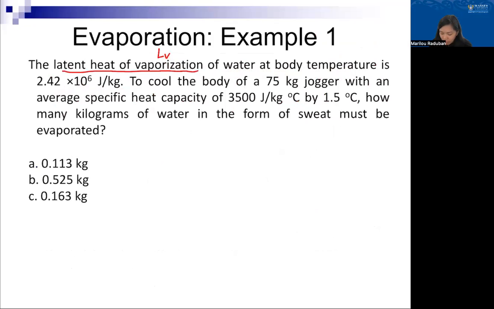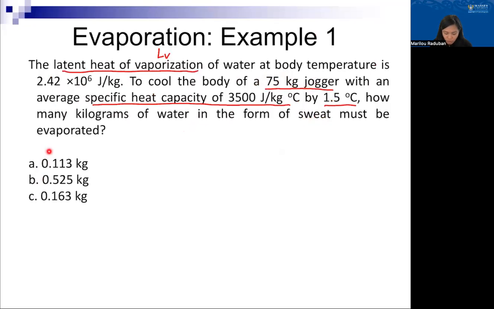To cool the body of a 75 kilogram jogger with an average specific heat of 3,500 joules per kilogram per Celsius by 1.5 degrees Celsius, we want to know how many kilograms of water in the form of sweat must be evaporated.